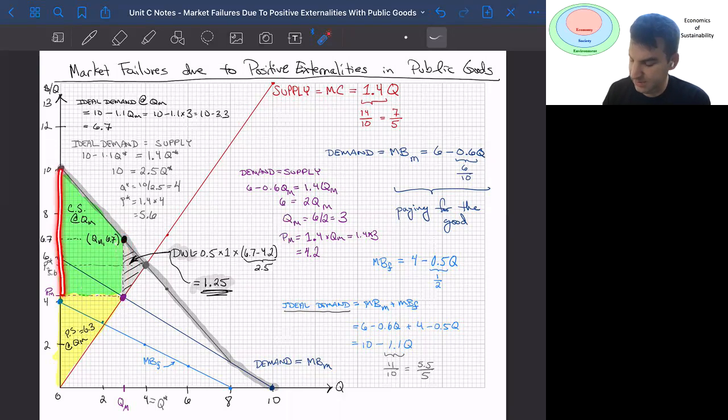This base is 10 minus PM, so that's 10 minus 4.2, which is 5.8. So 5.8 plus 2.5 times the height of this trapezoid, which is QM, which is equal to 3, times 1/2 is equal to 12.45.